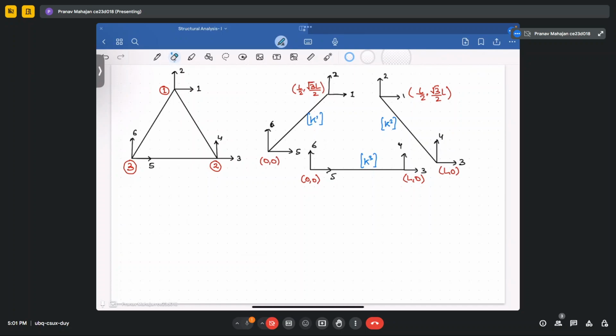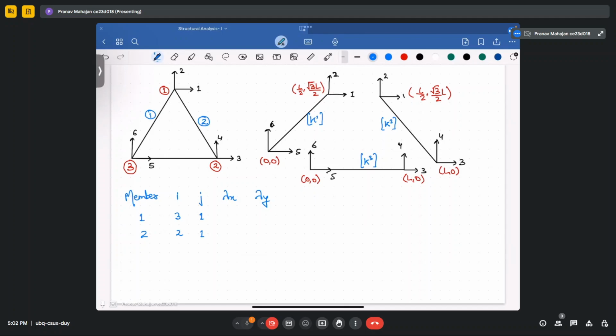So in this, how are the members connected to each other? So member one. This is your ith node. This is your jth node, and this will give you lambda x, lambda y. So for member one, it is connecting from 3 to 1. So this is your member one. Your member two is from 2 to 1.